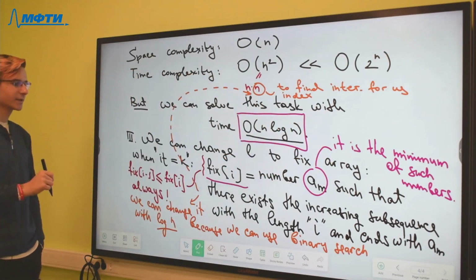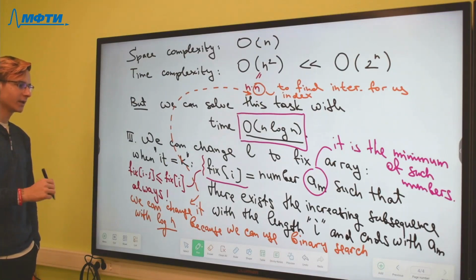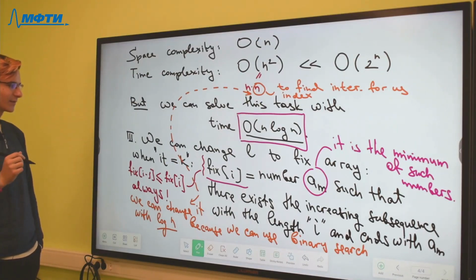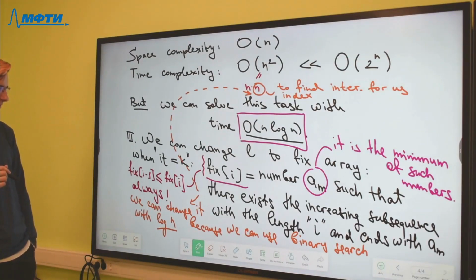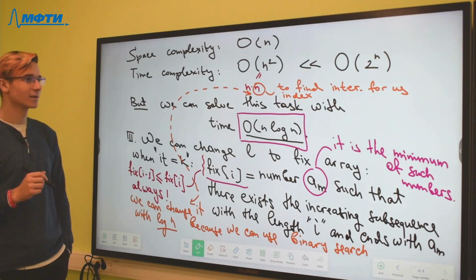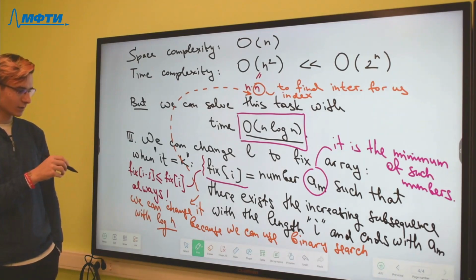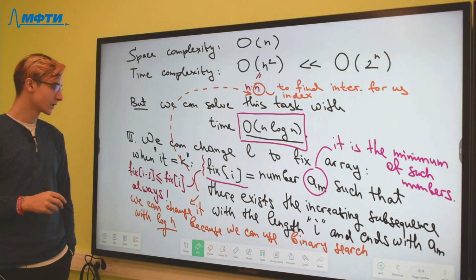And now we understand why this picture is not so complicated, and why we can use it to solve this task.